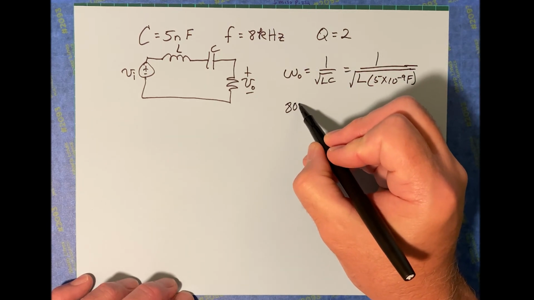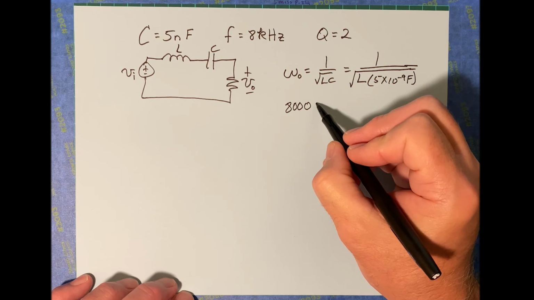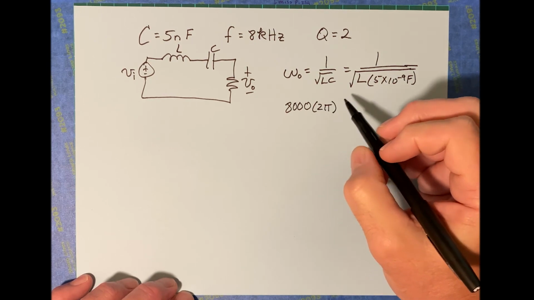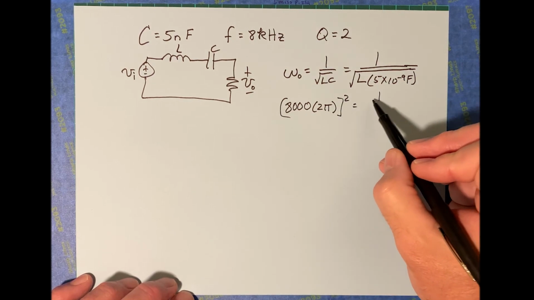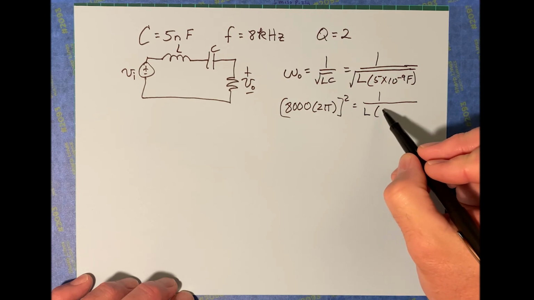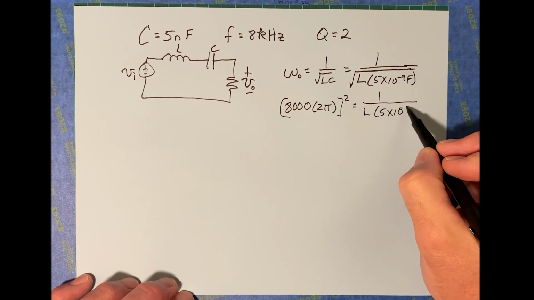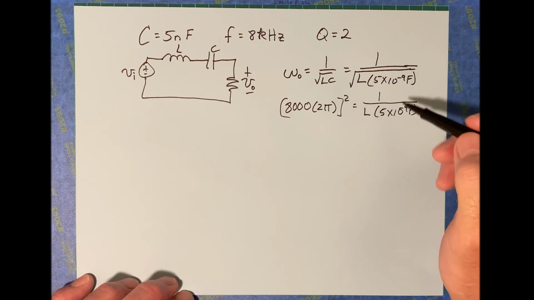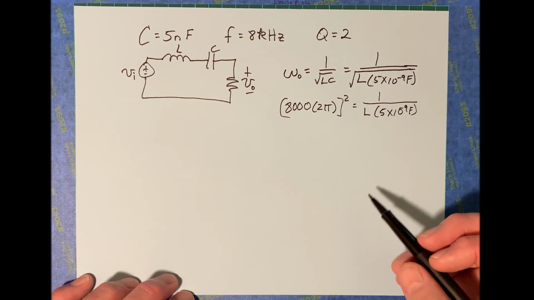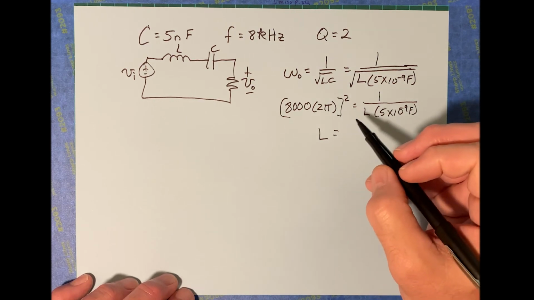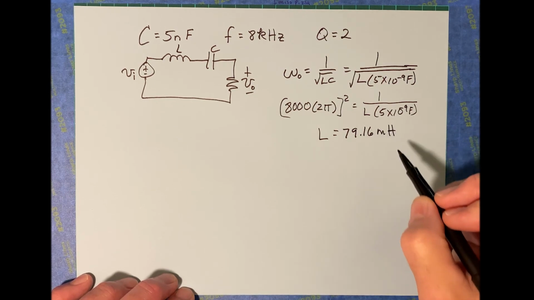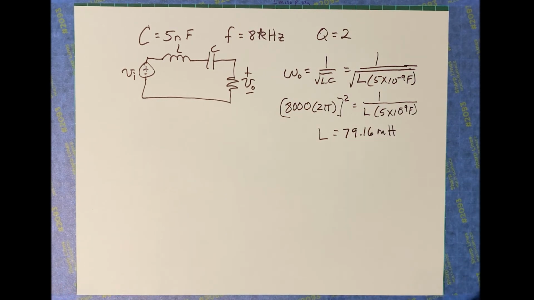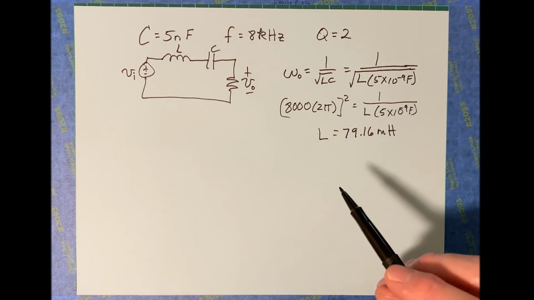So 8,000 hertz times 2 pi, and then let's square that, and that's what is equal to 1 over L times 5 times 10 to the minus 9 farads. Okay, so out of this we should be able to solve for L. If you do that, you should get 79.16 millihenry. Okay, so we've got our L value now. All right, so we've got our L and our C value here.